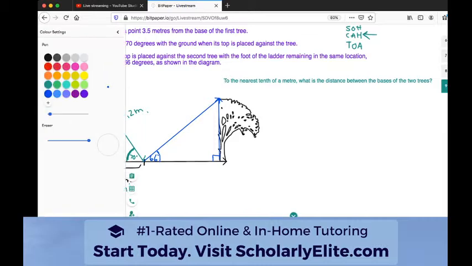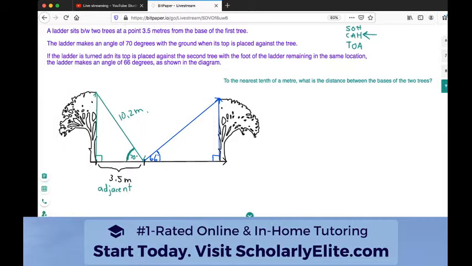So let's use that information to our advantage. Because we know that the length of the ladder is the same either way, this is 10.2 meters. This is the ladder, obviously, up against the tree.